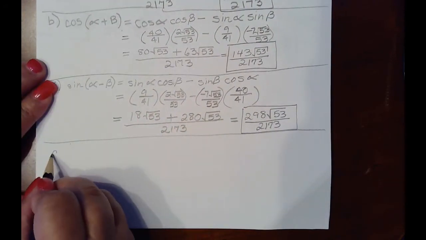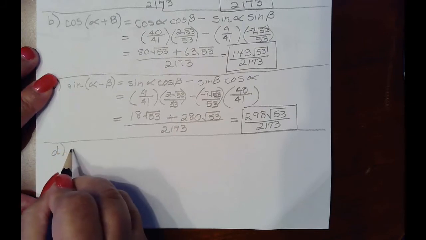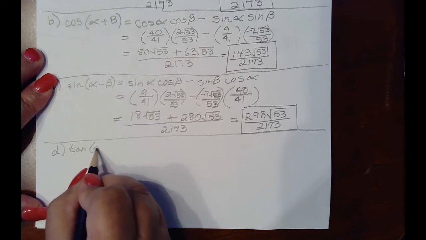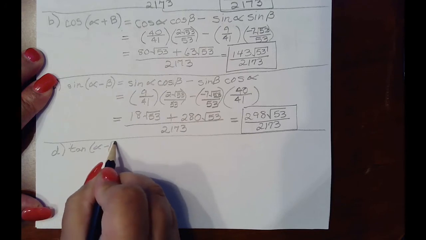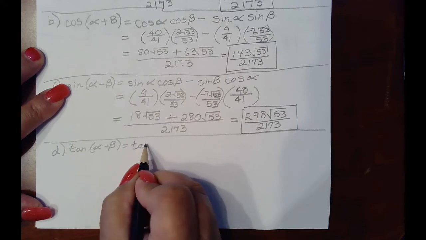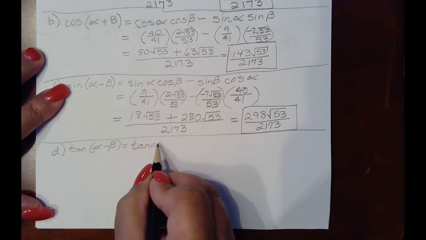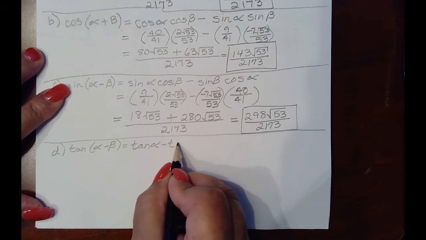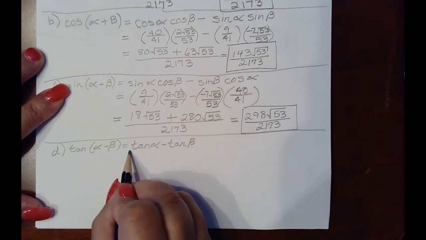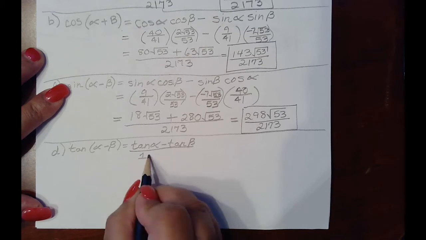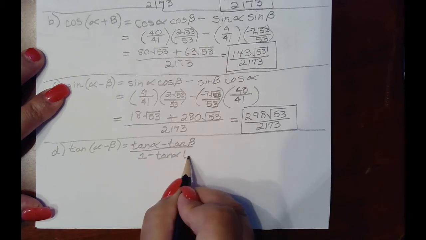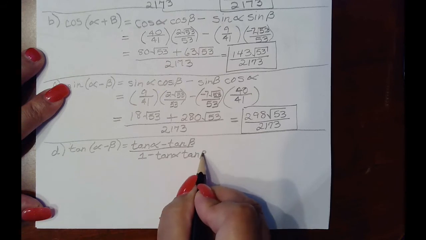Then in part D, now you're getting into tan of alpha minus beta. The formula for that is tan of alpha minus tan of beta over 1 minus the product of those two values in the numerator, tan of alpha, tan of beta.